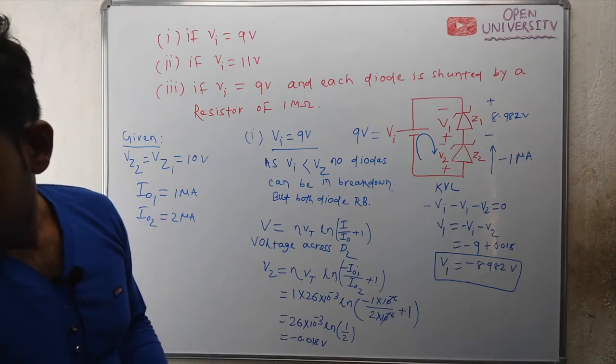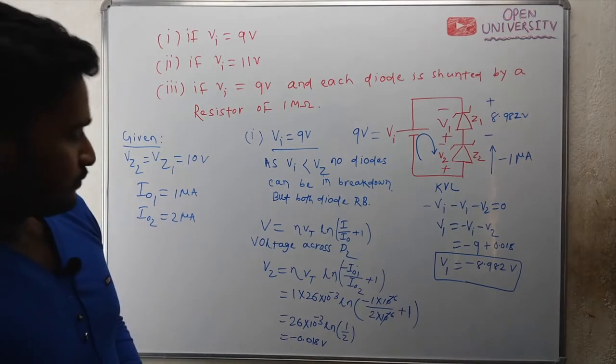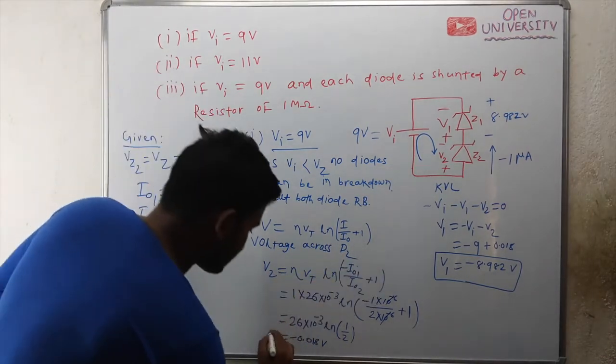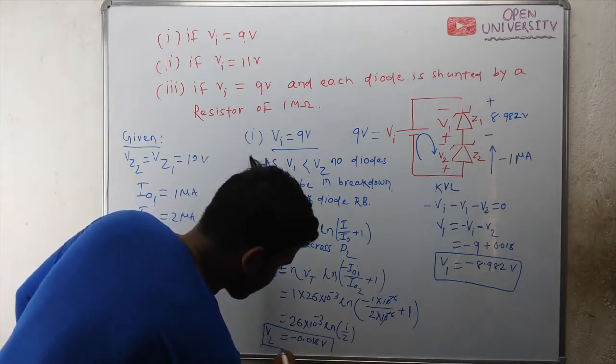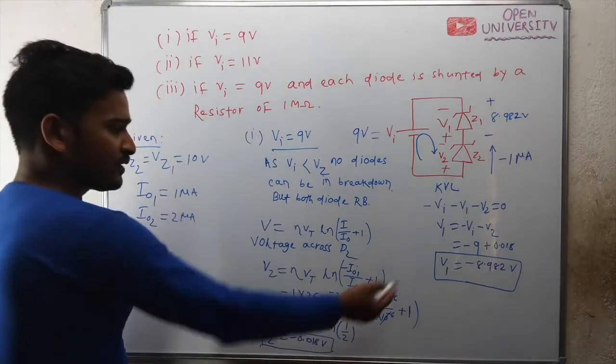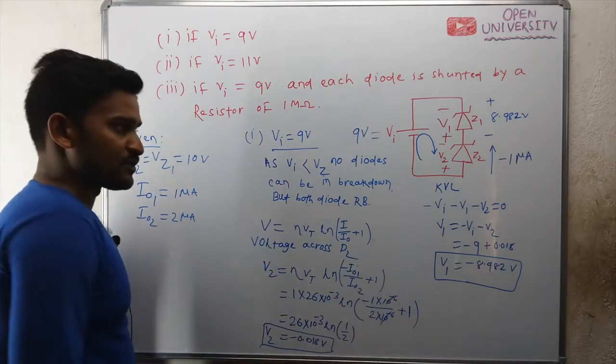Okay, write down one note. This is the value of V1 and this is the value of V2. It was asked to find the voltage across each diode, so the answer is V1 equal to this much and V2 equal to this much.